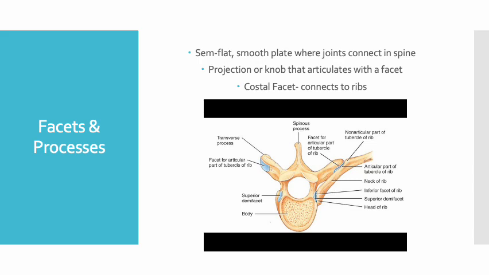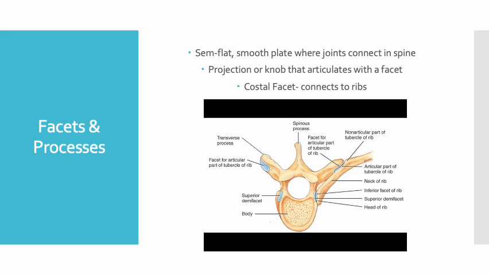And then this has articular facets, which are facets where the vertebrae move with the next vertebrae. Articulation means to move with. And then there are costal facets. So costal means rib. If you look on the right side of this picture, you can see that this is a rib, and it's connecting at these 2 little blue facets.